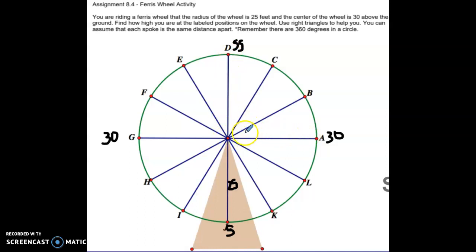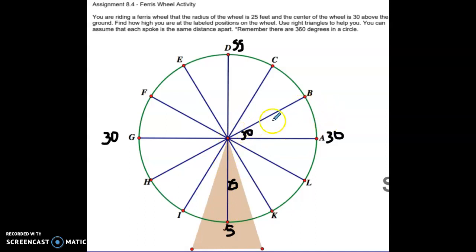So 90 divided by 3 evenly is 30. So these angles are all 30 degrees, right? So there are 12 of them, and 12 times 30 is 360. Now, this should look really familiar to you. It's kind of like the unit circle. Only this time our units for the radius is 25, not 1. So it's just a little bit different.